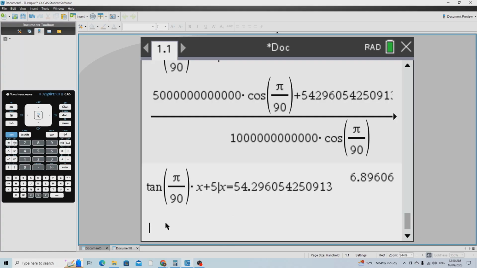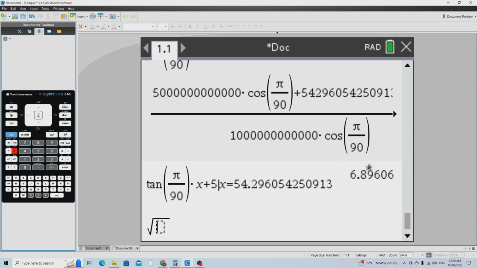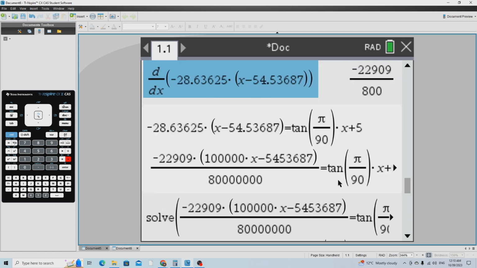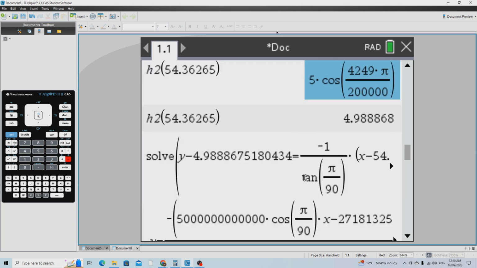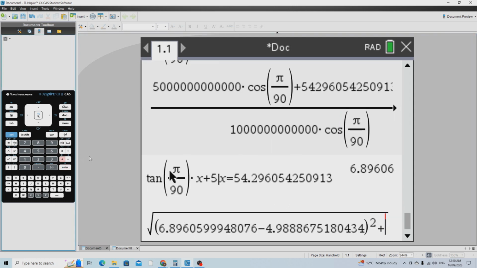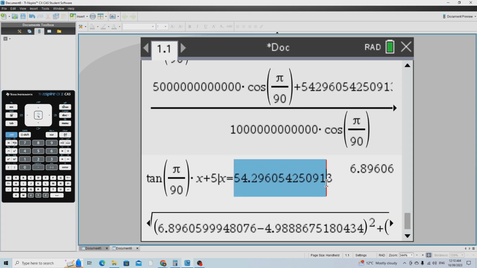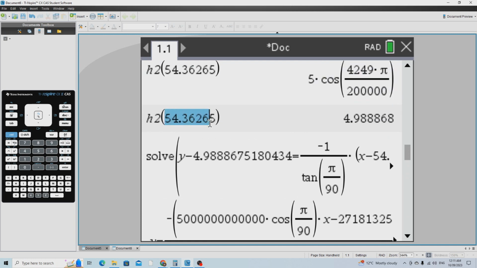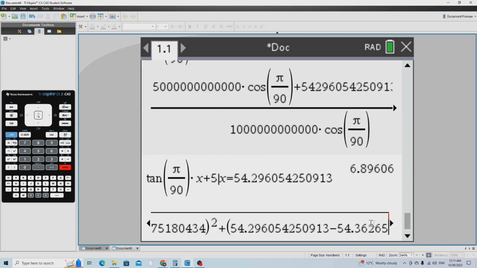I'm just going to do it on my calculator with the exact value. So square root of this over here minus 44.9. Then we're going to go up to this one over here, and we're going to square that, plus this over here minus this over here, and let's square it.